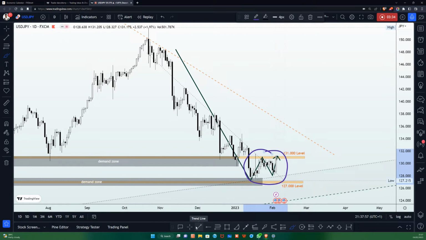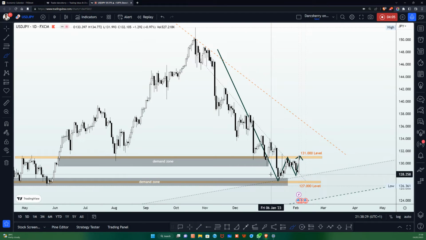From a technical standpoint, whenever we identify such a reversal pattern, the next thing we want to do is identify the neckline of that pattern, which we shall be using to guide trading activity. Looking at the structure here, the neckline of this reversal pattern coincidentally shares a beautiful confluence with that 131.00 level, which has been a major determinant of price action in the last 7 to 8 months.